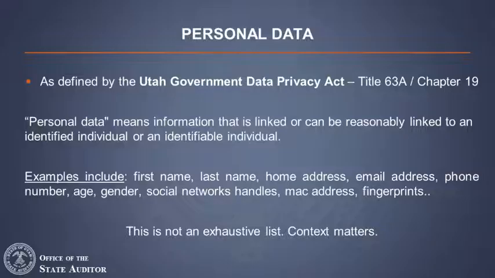Your age on its own may not identify you directly, but together with where you live or which school you go to and which gender you are, well, all of a sudden, it may distinguish you from another person. And that's what personal data is, the ability to distinguish one living individual from another.